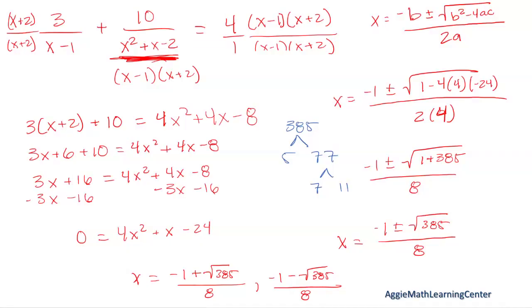Yep, so we want to be careful. If we distribute that 4 to both sets of parentheses, what we're actually doing is 4 times 4 times x minus 1 times x plus 2. We only want the one 4, right? So just FOIL them first and then distribute in the 4.